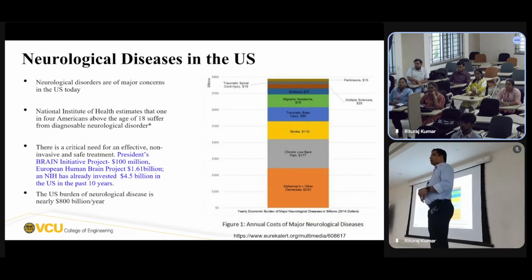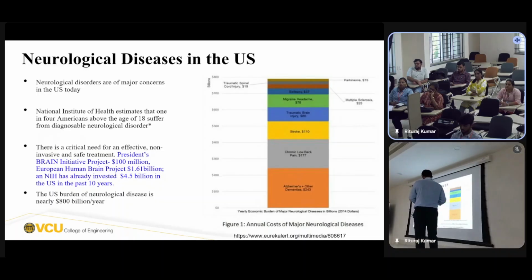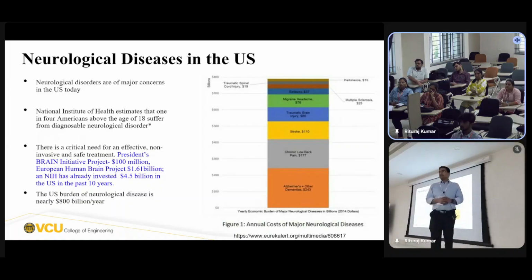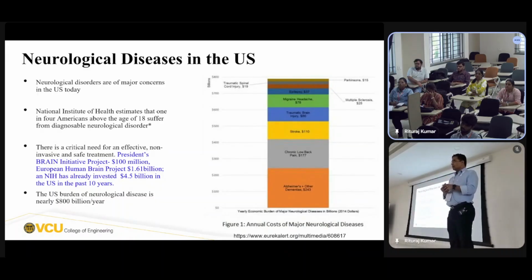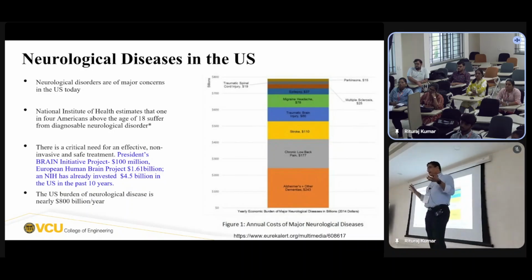But what is the urgency in finding new treatments for the brain? As I said, more and more people are suffering from neurological and psychiatric disorders. There is a difference between the two. Psychiatric means things like depression, anxiety, obsessive compulsive disorder, PTSD, whereas neurological means Parkinson's, Alzheimer's, traumatic brain injury.